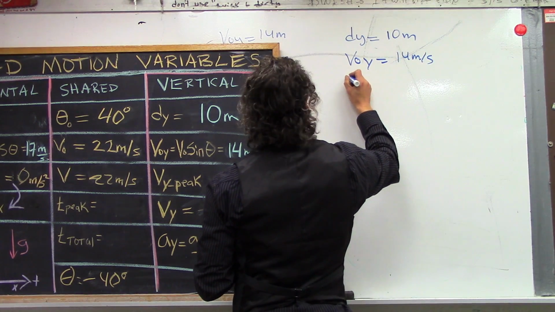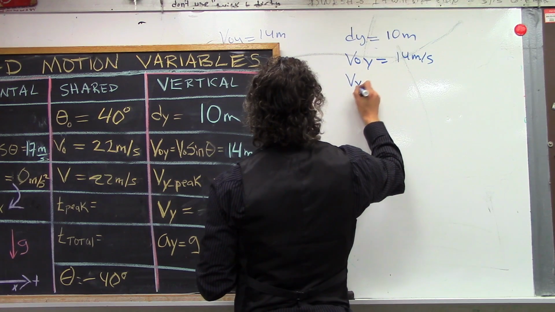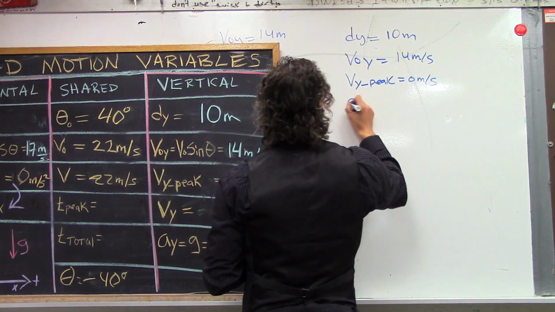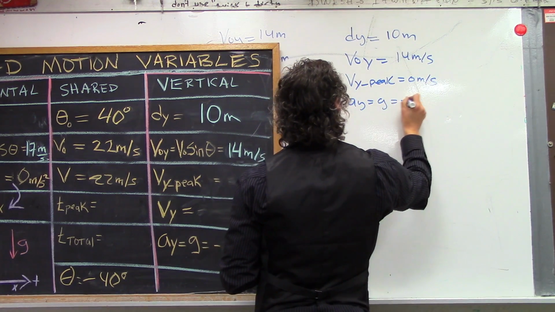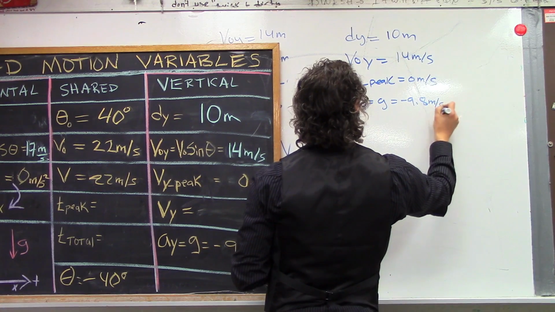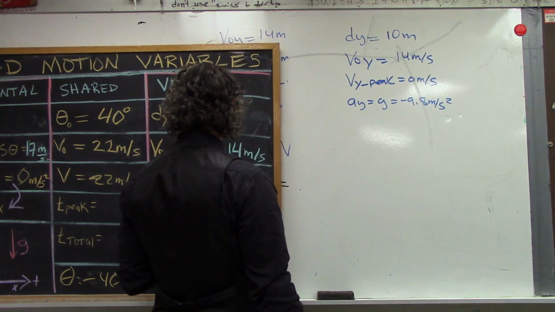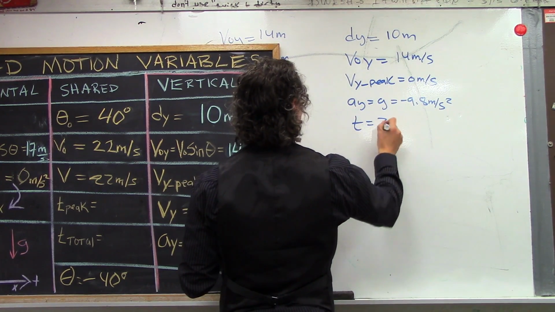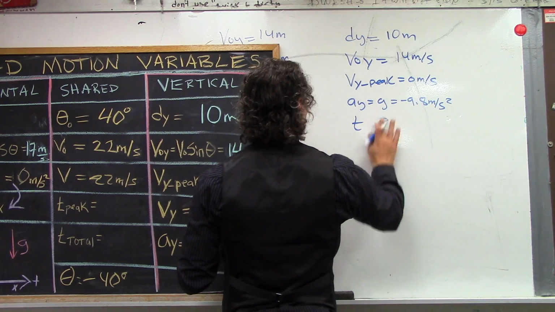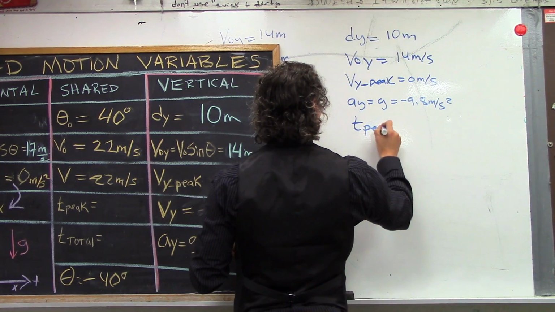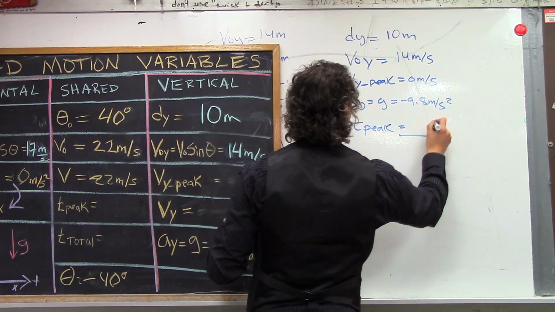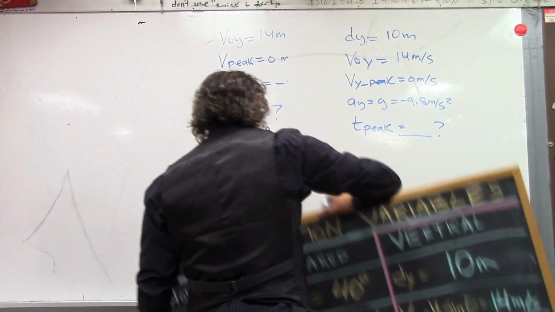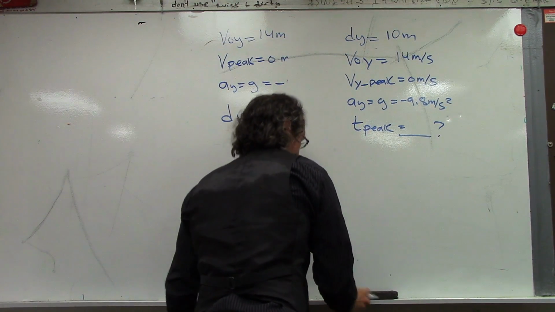We have Vy at the peak is 0 meters per second. Ay equals g equals negative 9.8 meters per second squared, again because of our coordinate system. And now we've got a bunch of information, and we want to find t. Sorry, I'm going to be very specific here: t peak. So that's what we're looking for. Let's put this down again and give us some space to work.